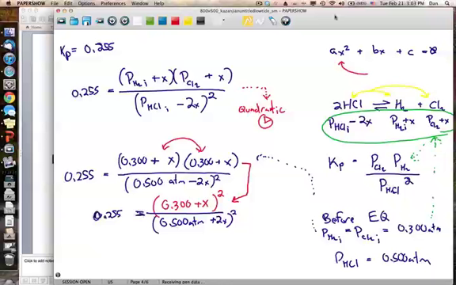Now what this means is that these are just two square terms, and we can eliminate this by taking the square root of both sides.